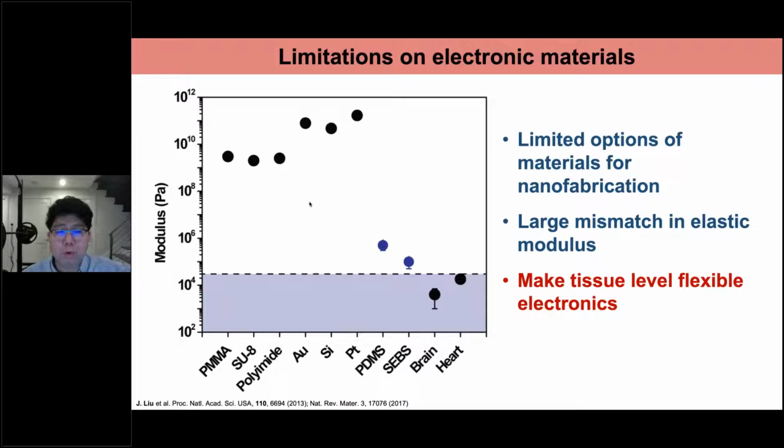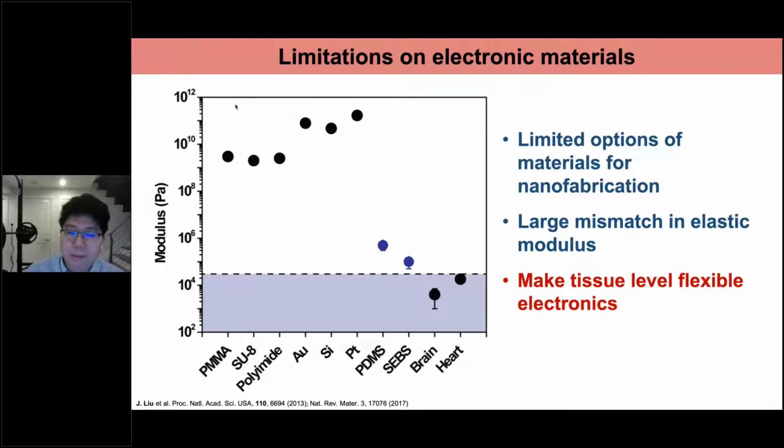The answer is no. Actually, we cannot make soft interconnects as soft as the tissue, because all those electronics materials such as SU8, polyimide, gold, and silicon have a Young's modulus that is at least 6 orders of magnitude higher than the Young's modulus of brain and heart tissues.